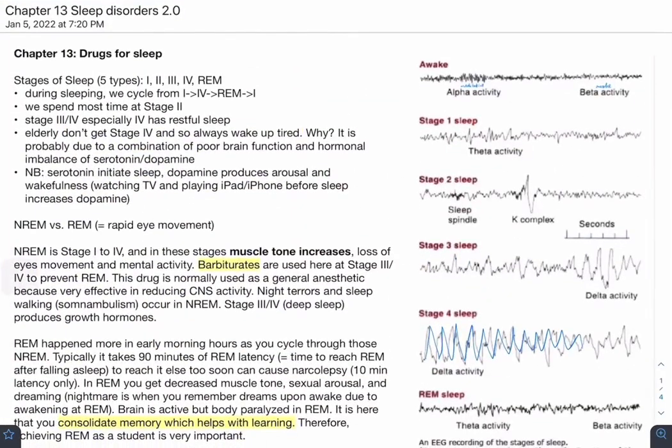Okay, so have a look at this chart right here. This is an EEG recording of stages of sleep.